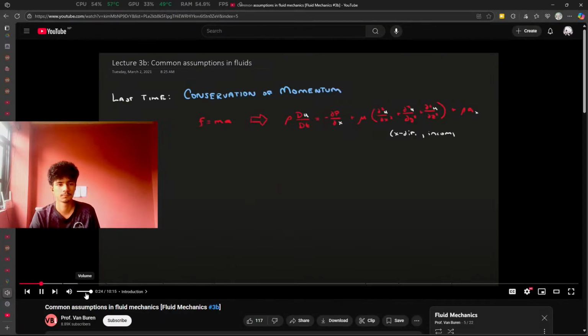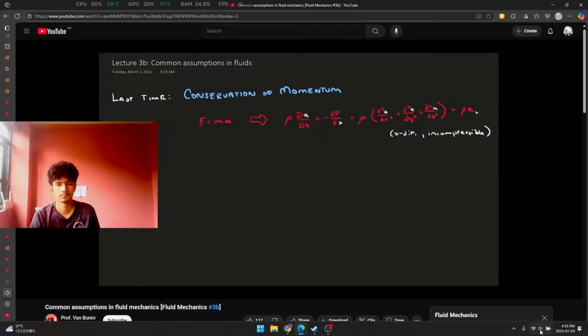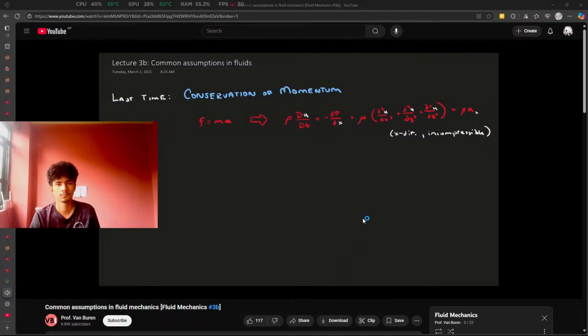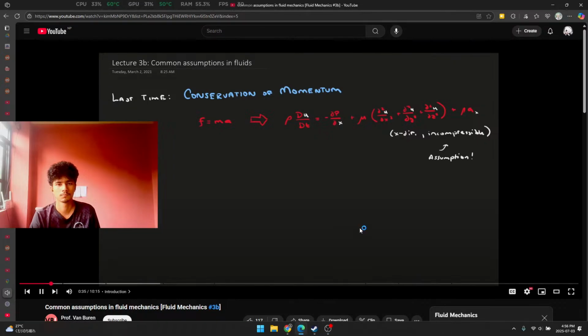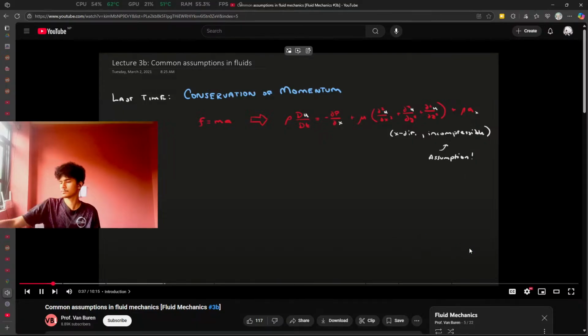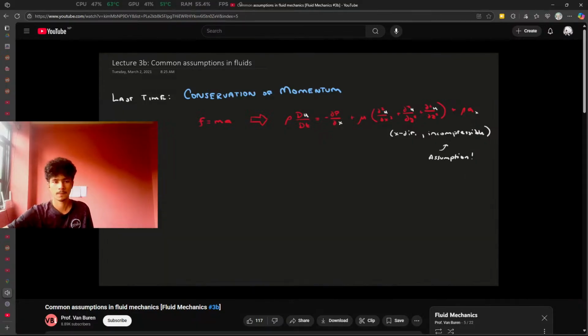They're just a fancy version of F equals ma applied to fluids, and each direction of motion has one equation, meaning there are three in total. Notice in our building of the equation, we made one major assumption, that flow was incompressible.